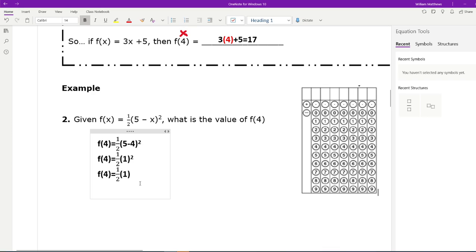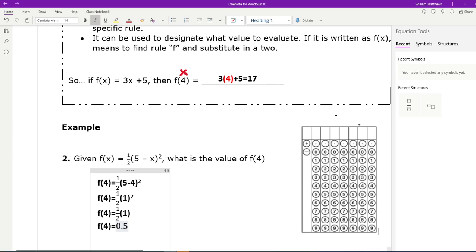You want to do your exponents first, and then we do 1/2 times 1, which would be 0.5. In this case, I'm saying 0.5 because we have to bubble in our answer. So we need to leave it as 0.5.